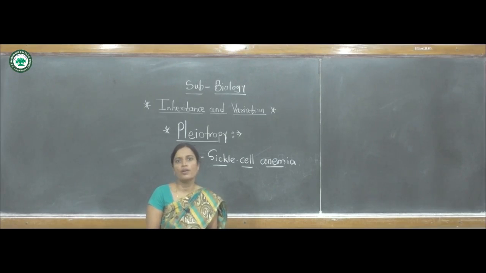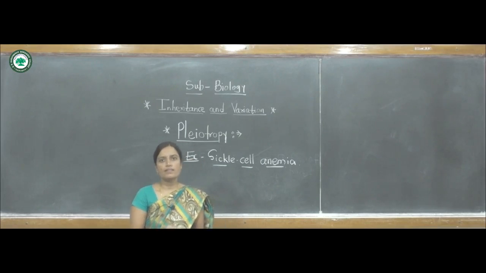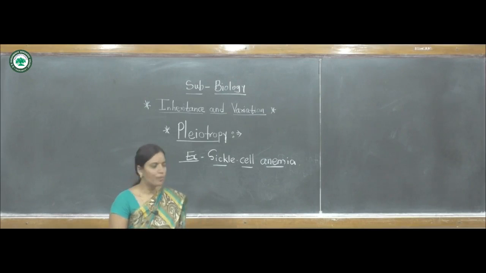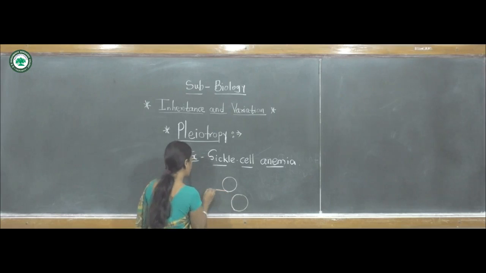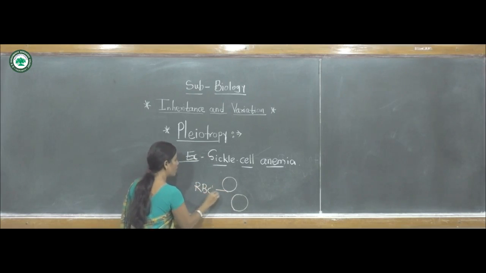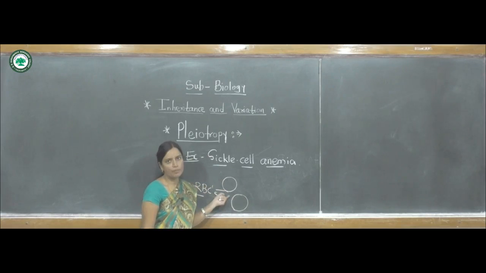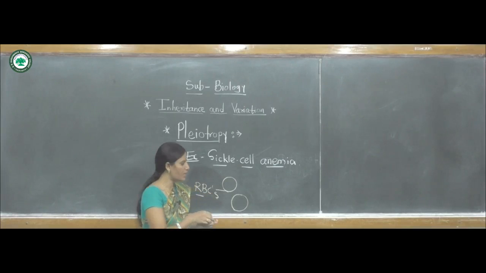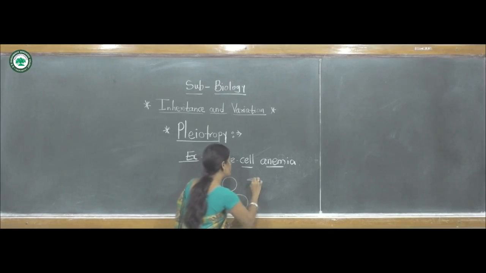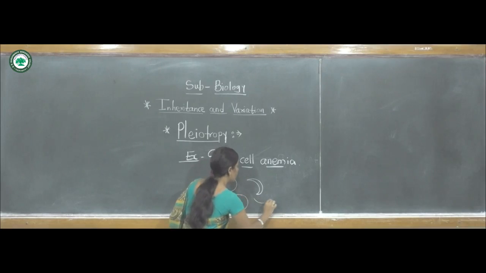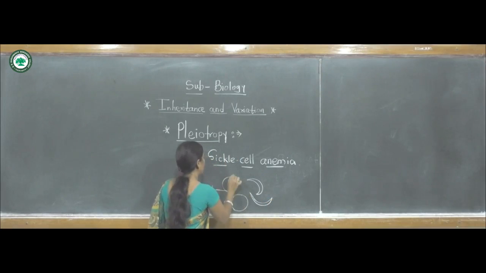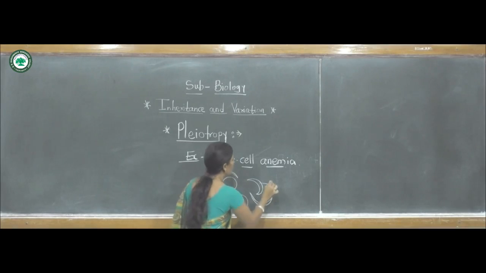The normal shape of RBCs is round. But when this anemia disease occurs, the cell takes a sickle-like or half-moon-like structure. Because of this shape, the disease is caused.